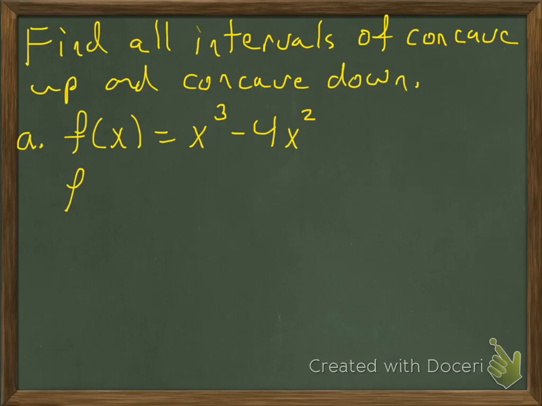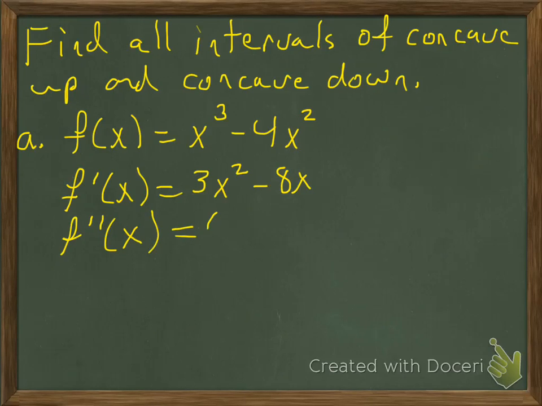This is a nice differentiable function, so the second derivative is going to exist everywhere. Polynomials are differentiable infinitely many times, so we can take the derivative as many times as we like. I'm going to take that first derivative. I'm going to use the power rule. 3x squared minus 8x. We'll take that second derivative. We get 6x minus 8.